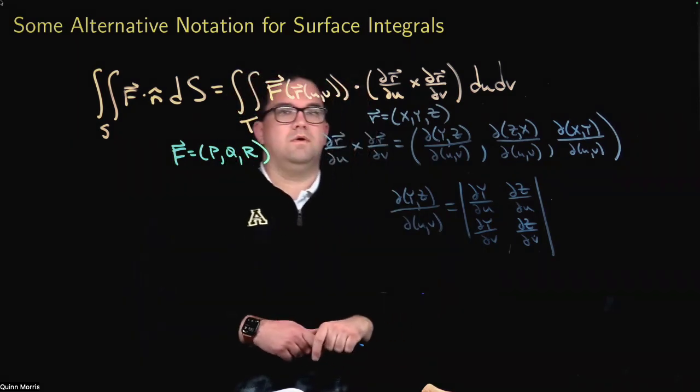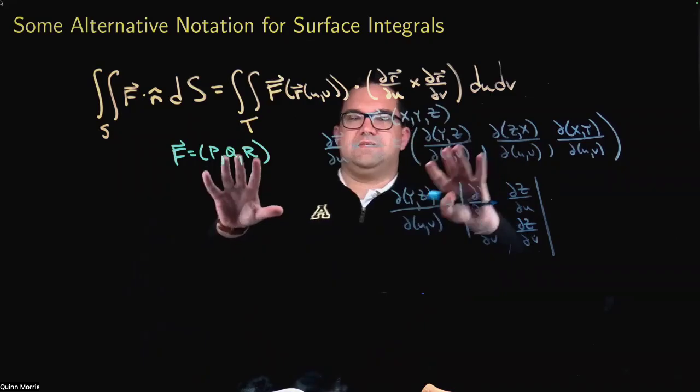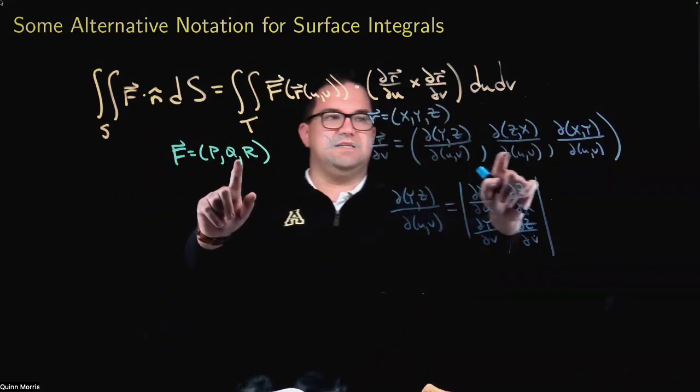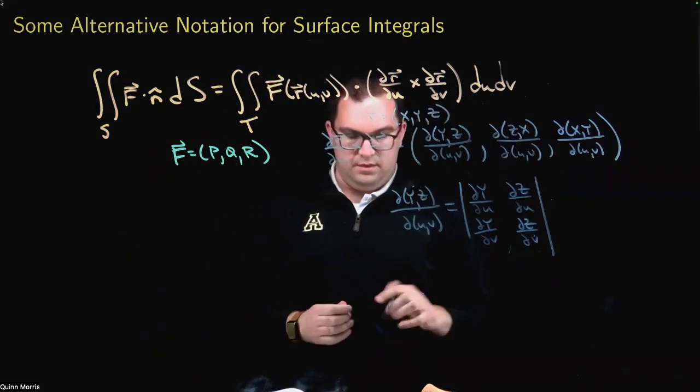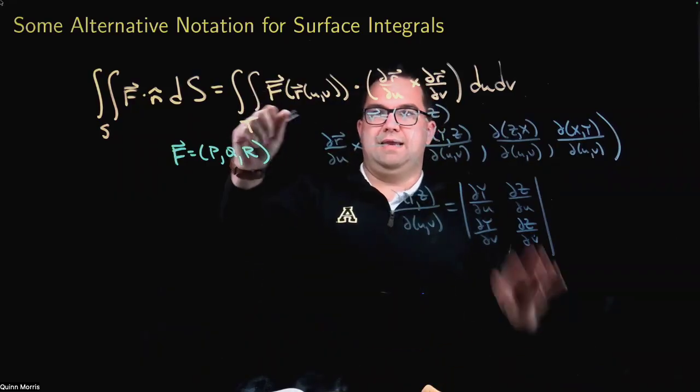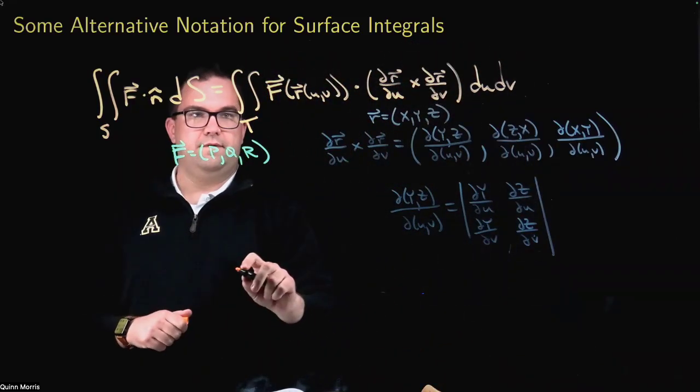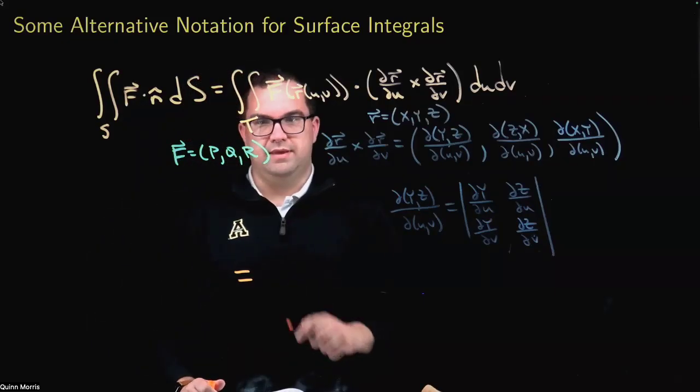Okay. All right, so using all of this information now, we can express this dot product. If we come back to this main equation here, then this really ought to be equal to what?